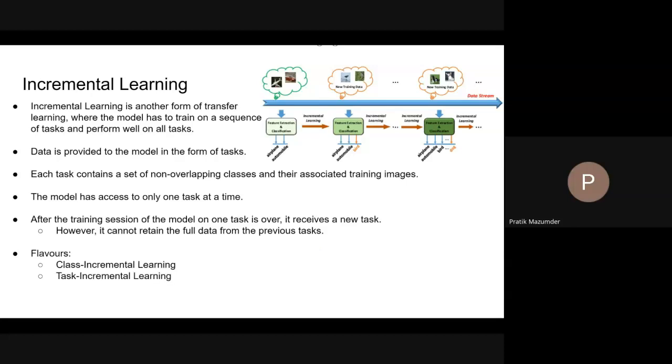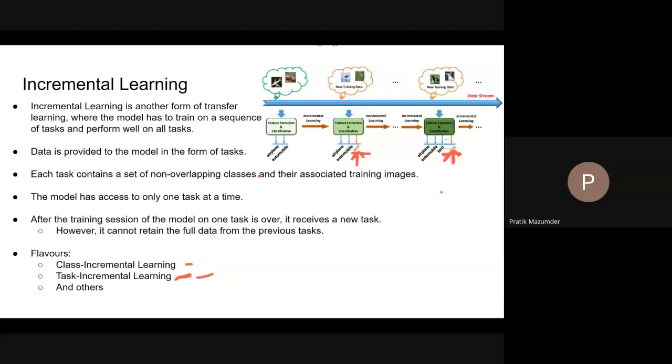So there are different flavors of it. Class incremental learning will increase, say, one class at a time. In some cases, class incremental learning and task incremental learning both introduce new sets of classes at a given time, but task incremental learning will only expect you to perform well on a particular task, and it will also tell you which task to perform well on.